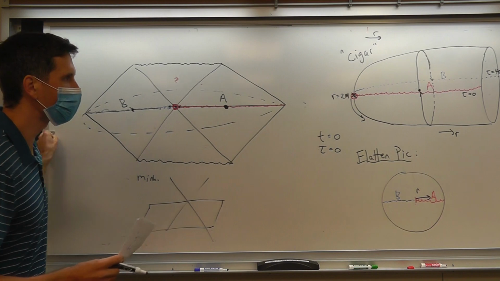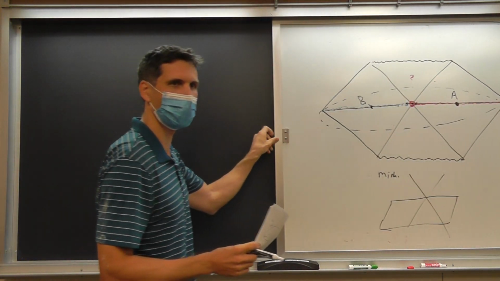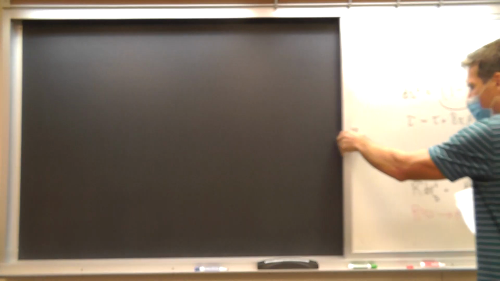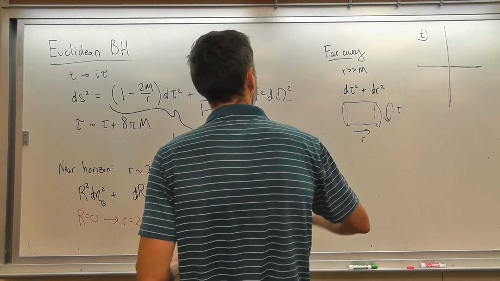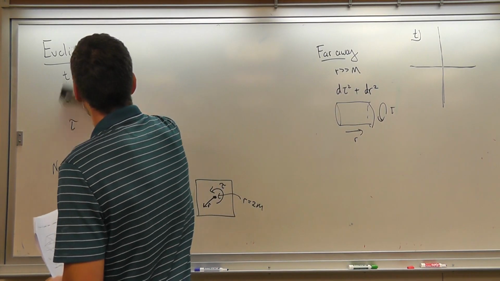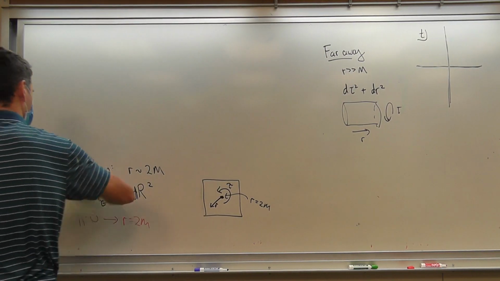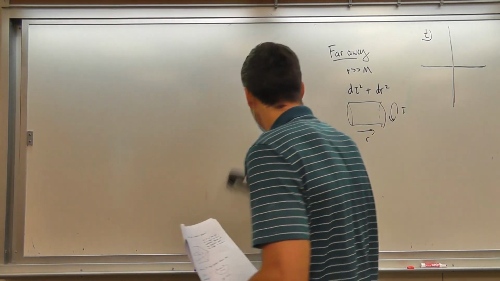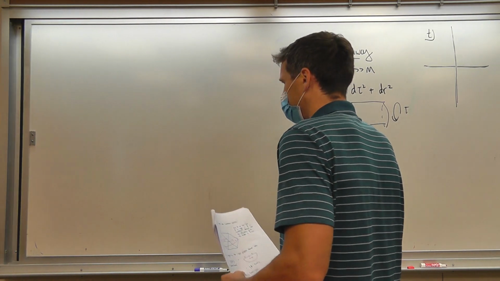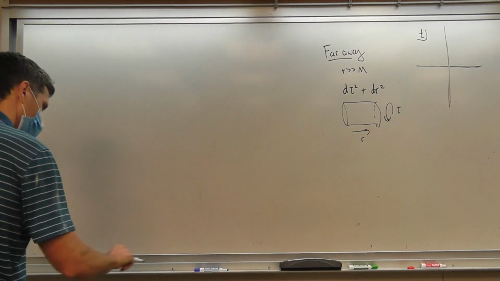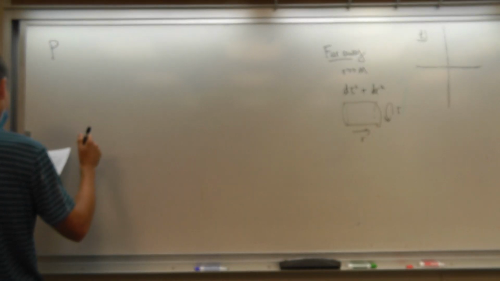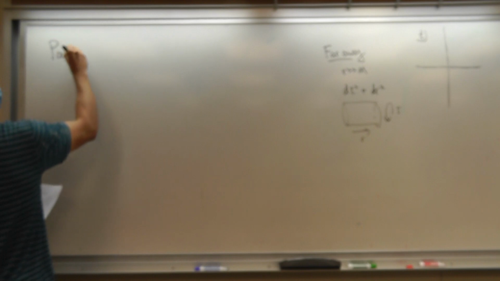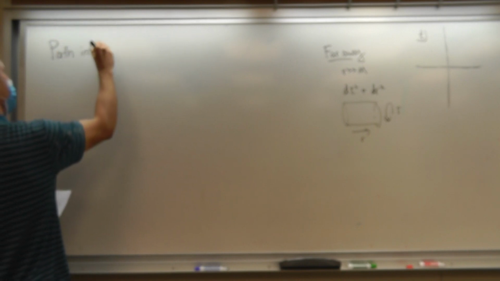So far I've described the Euclidean manifold. And now we can implement the strategy I outlined to define a quantum state.